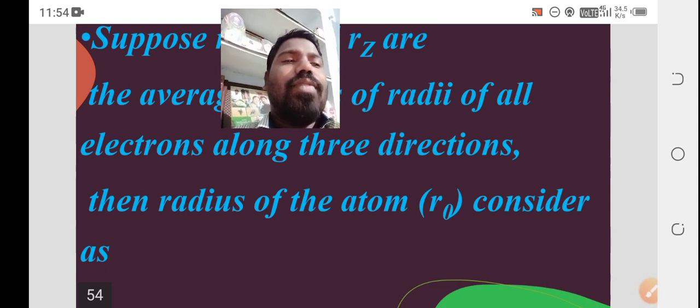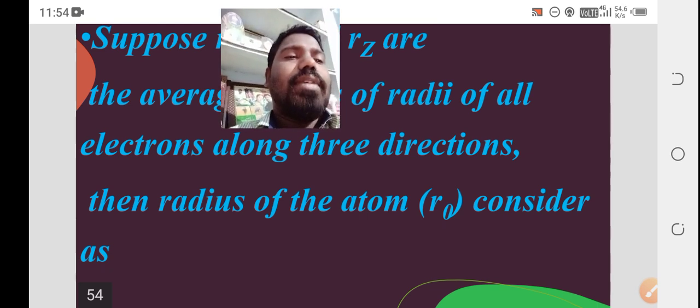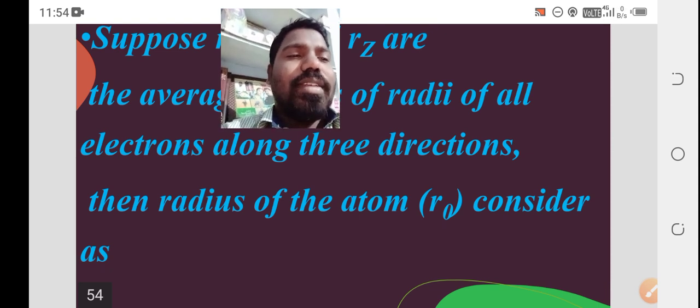Then the overall radius of the atom, along the x, y, z directions, is considered as R naught.